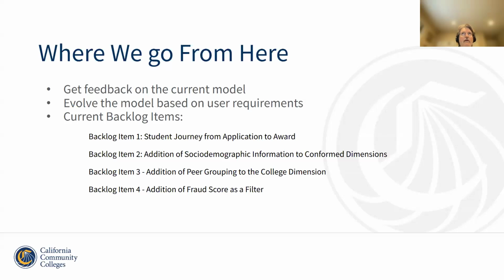So you could say, well, I want to eliminate students from the calculation because the fraud score is above a particular threshold, and I think that's skewing my results. So I want to be able to eliminate that.